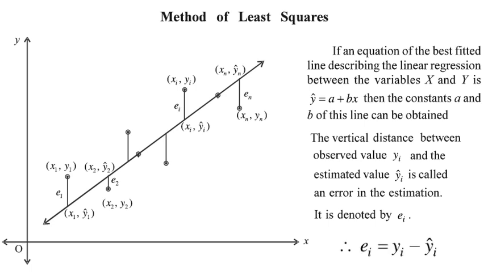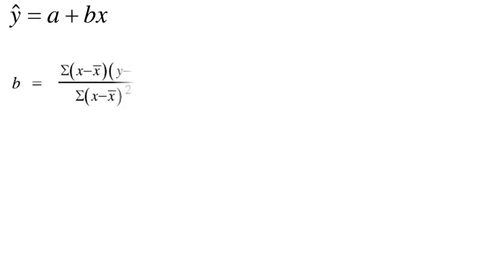In equation form, Ei is equal to yi minus y cap i, where yi is the original observation and y cap i is the estimated observation. Our equation for the estimate is y cap equal to a plus bx, and the formula for b is summation of x minus x bar, y minus y bar, divided by summation of x minus x bar the whole square.